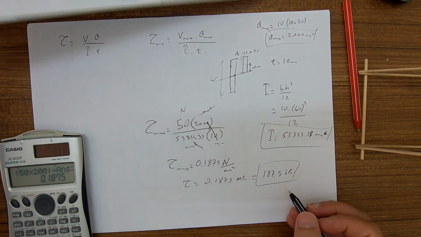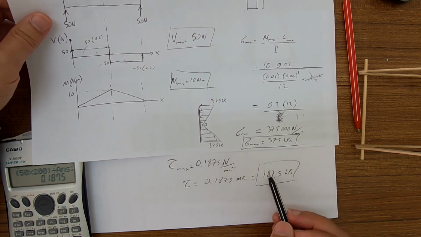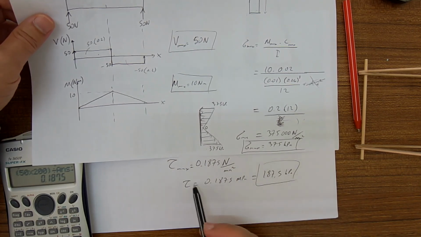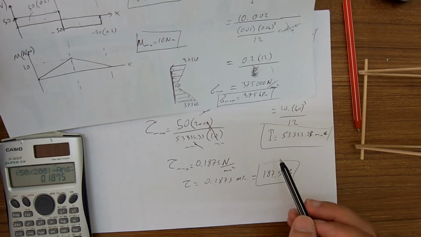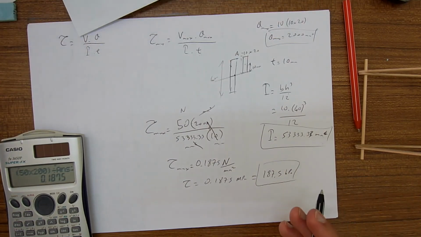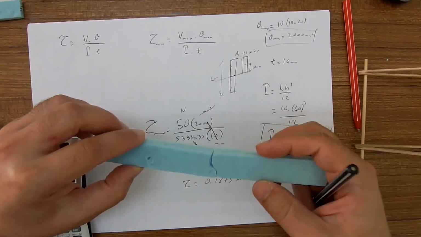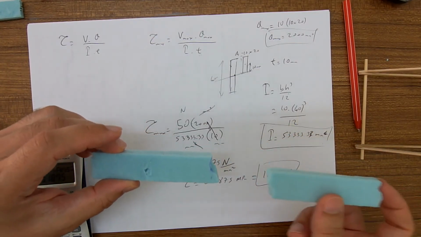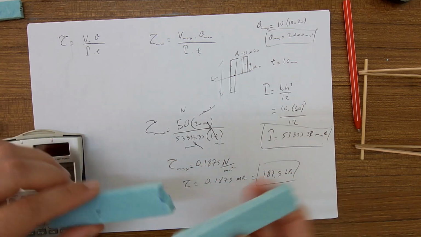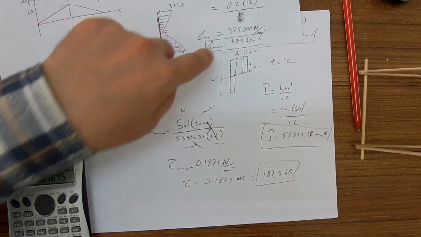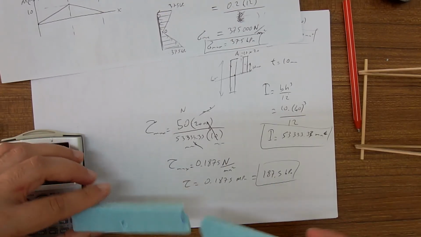So you see here the maximum normal stress is almost double the maximum shear stress. Therefore, for an isotropic material like this foam here, most of the failure is due to the bending stress, because it is maximum, the bending stress is larger than the shear stress.